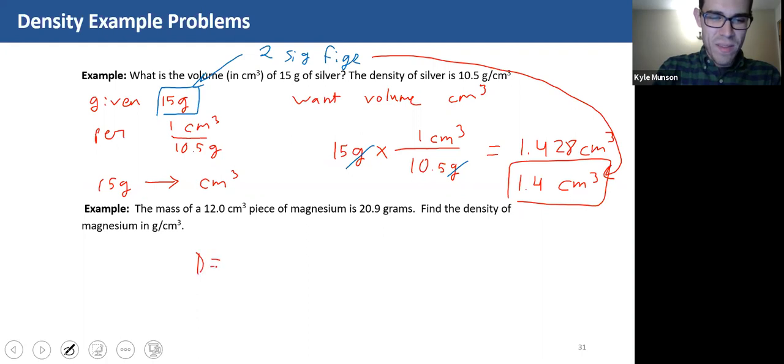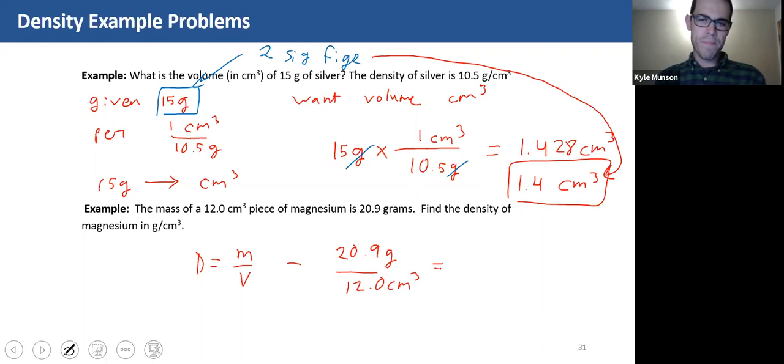It's just to divide the two. I guess this is the only way you could do it now that I'm thinking about it. But just use the equation for density, which is mass divided by volume. Plug that in your calculator, 20.9 grams divided by 12.0 centimeters cubed.